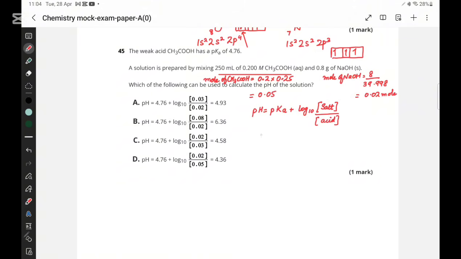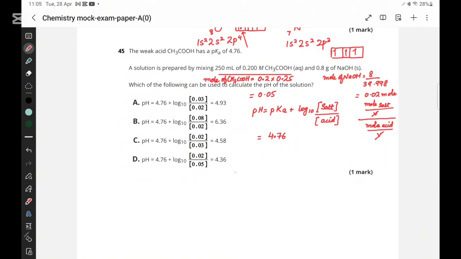We know pKa is 4.76. The concentration of salt is moles of salt divided by volume. The volume is the same for the salt as for the acid, so we can cancel out the volumes and only consider the moles. Now we are going to use the ICE method for that.